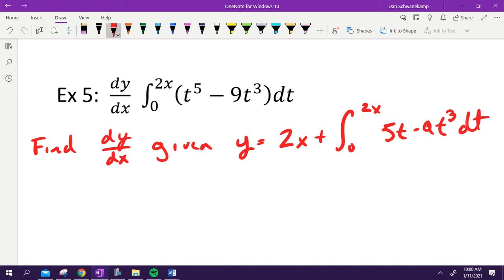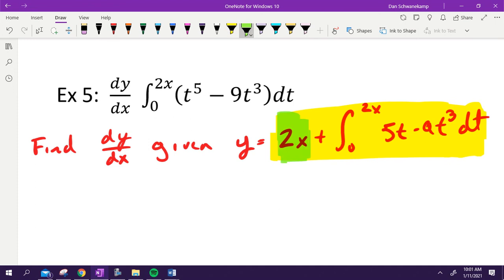So I added a little bit more. Instead of just the derivative of an integral, it's the derivative of this whole function. Okay, it is not that much harder, but kids just forget about this part in particular. Don't forget about that part.